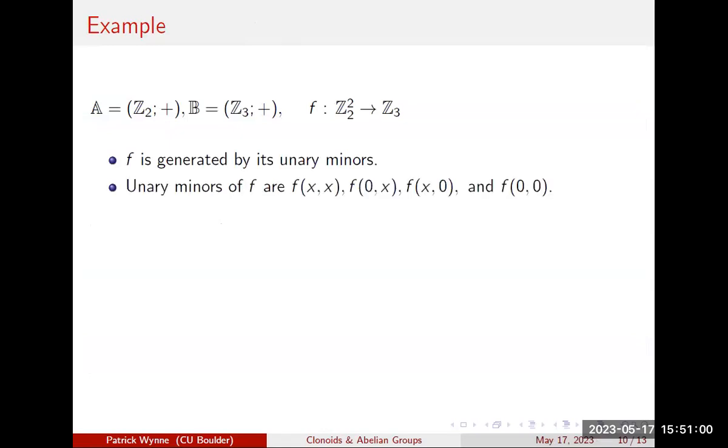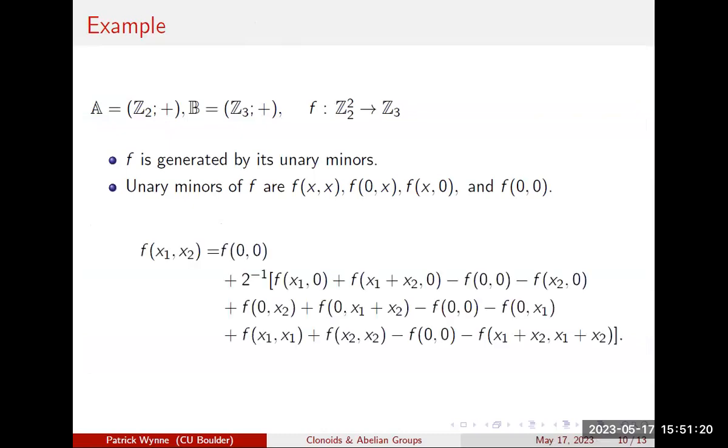So from f, we can look at the unary functions that f generates. These are exactly f of x, x, so we can replace both variables with x, or we can replace one of the variables with 0, or both variables with 0. So we can get these four unary functions from our function f, and now we can rebuild f from these unary functions.